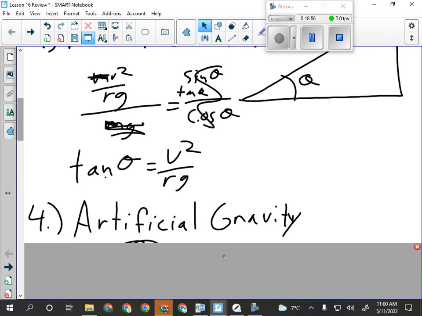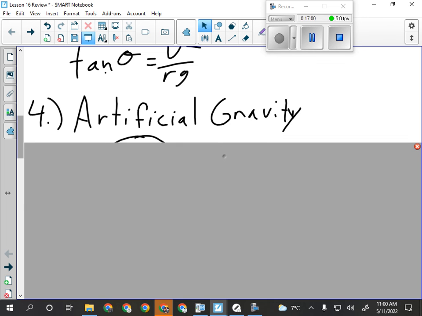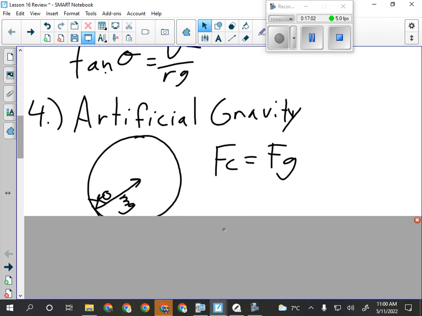Remember that in an artificial gravity situation, we want the centripetal force, which is provided by the normal force, to feel like we're at home. So we would want it to feel like it's mass times 9.81.